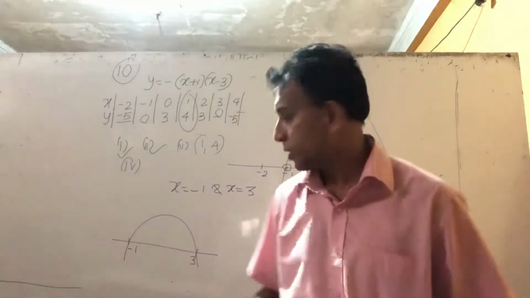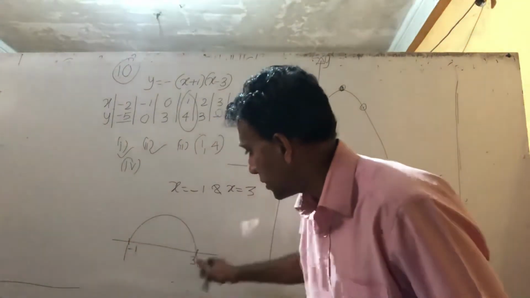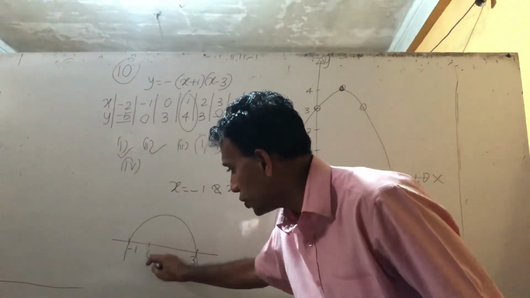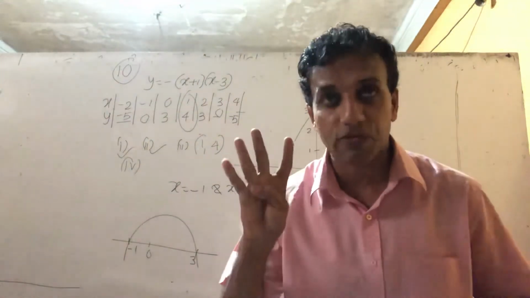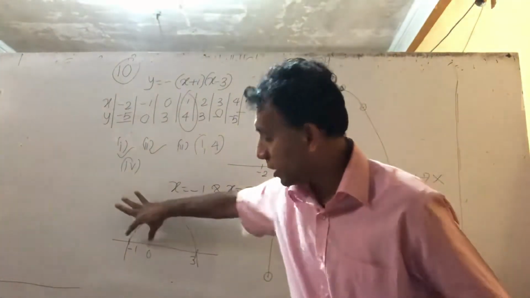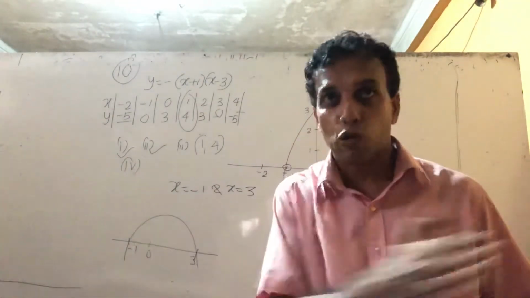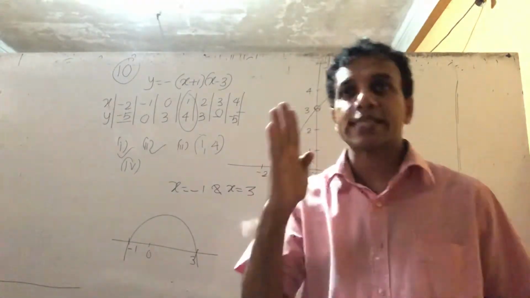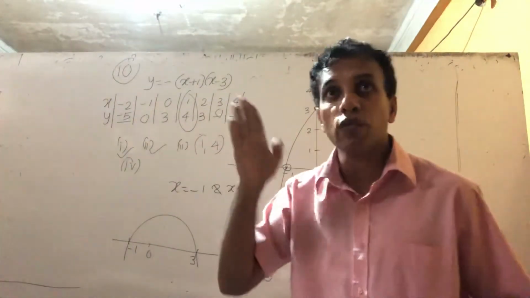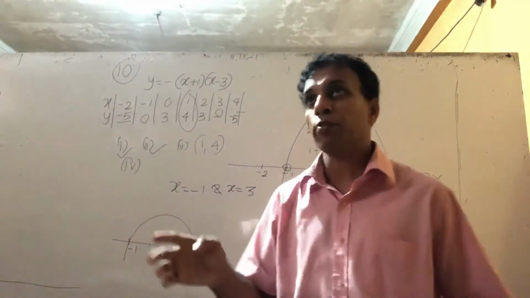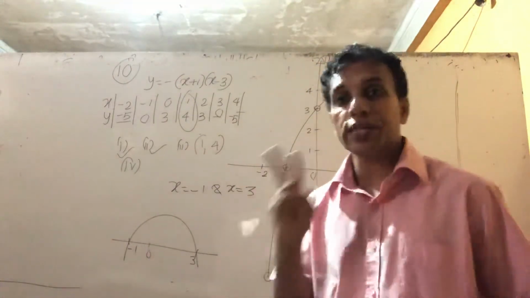Here you see 0 somewhere, the origin somewhere here. Completely we can say 4 units: here 3, here minus 1, totally 4. Half is the symmetric value, so 4 divided by 2 is 2.